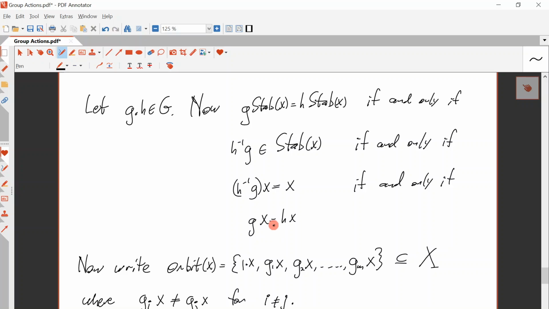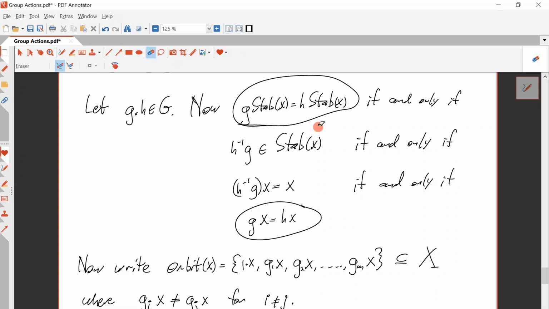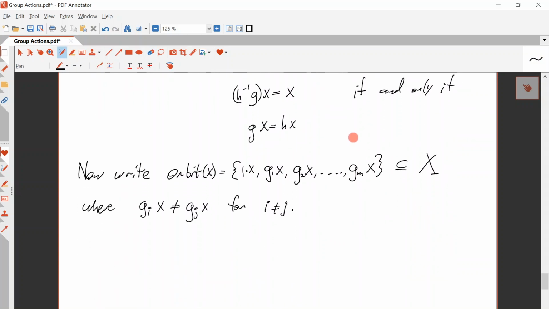But that means that the cosets are different. This gx is equal to hx if and only if the coset g stabilizer is the same as the coset h stabilizer. Thus, gi stabilizer of x is not equal to gj stabilizer of x for i not equal to j.